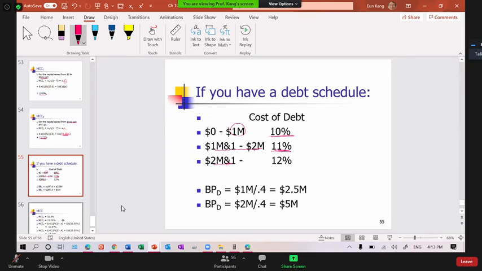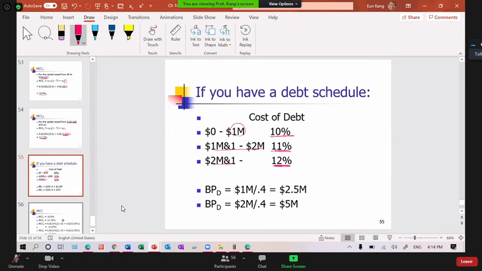The company may have more bankruptcy cost, so 12%. In that case, there are 3 intervals, and 3 intervals means 2 breakpoints.